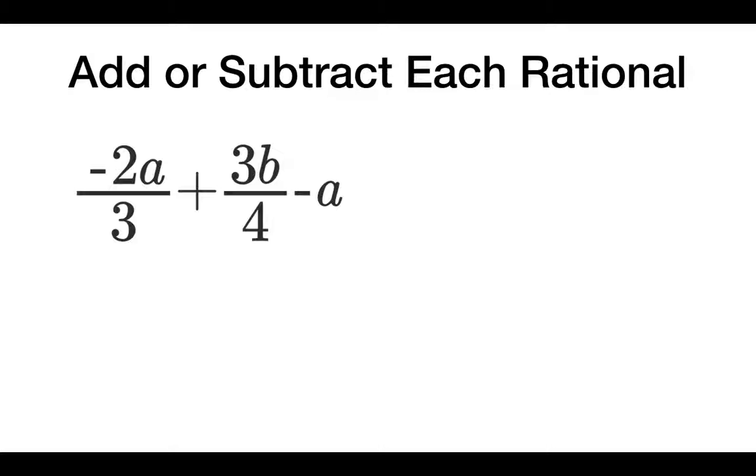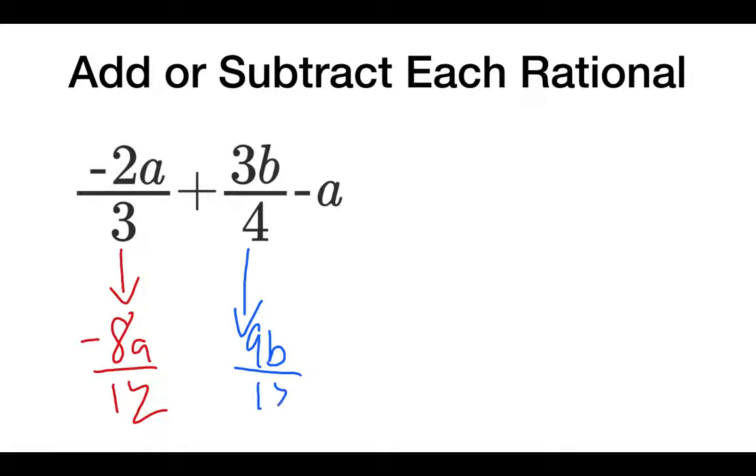The first is going to be times 4 on top and bottom, so negative 8a over 12. The second is going to be times 3 on top and bottom, so 9b over 12. And finally, this is going to be times 12 on top and bottom, so minus 12a over 12.